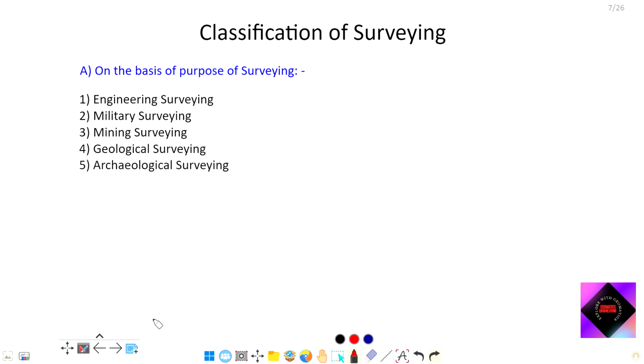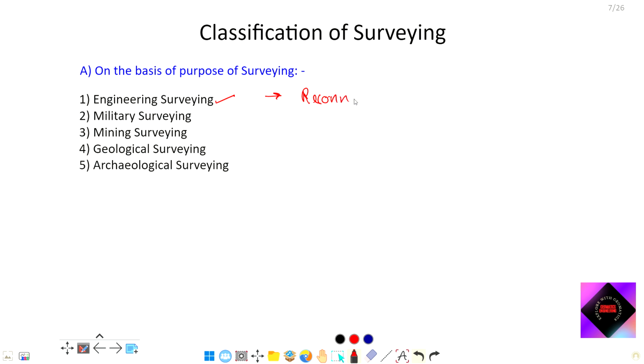On the basis of purpose, engineering surveying is related to the engineering aspects of anything, for example construction, road inspection, construction of canals, etc. This type of thing deals with engineering surveying. It includes four activities. Reconnaissance.